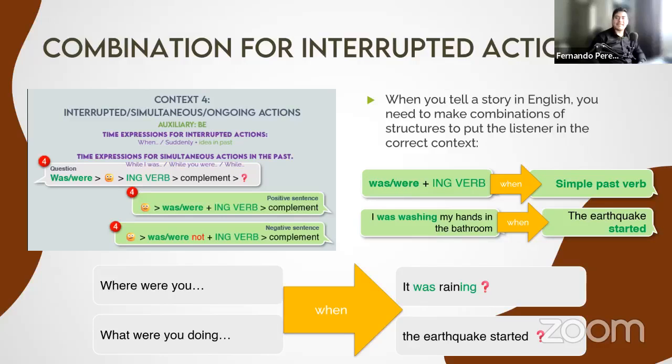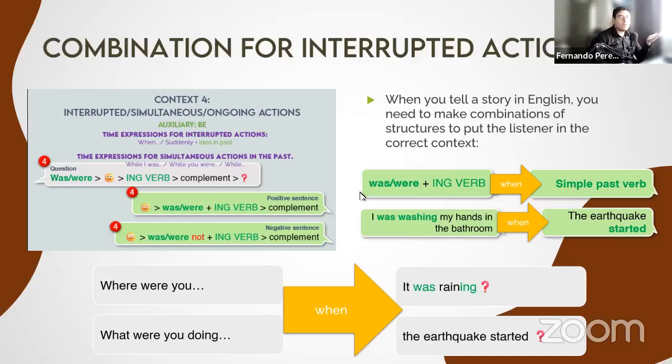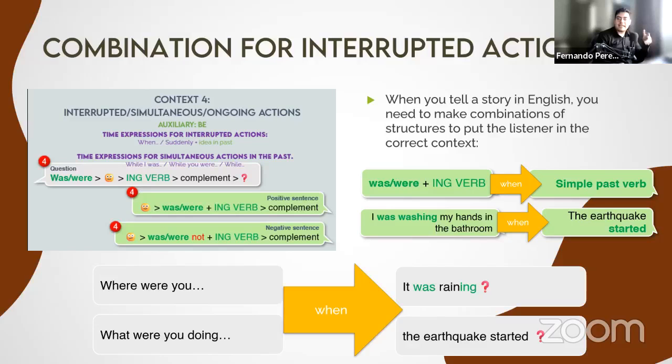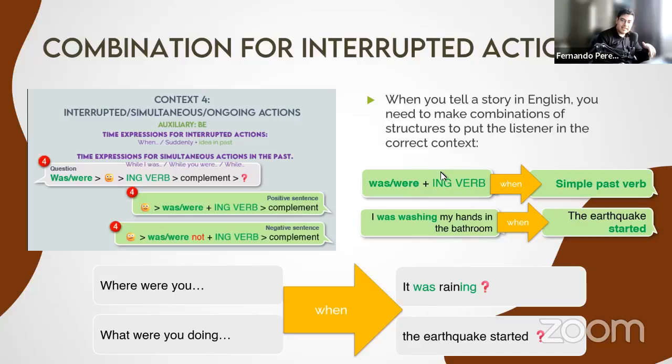We went to the meeting point. Makes sense? After you say we were working, the next information is simple past because you are telling a story. Then everything is in past. The first structure, the ing, is the context.